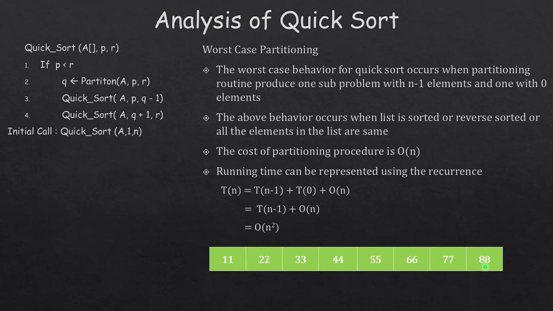I will apply the partition procedure and then what will happen? 88 will stay there, and the remaining elements on the left hand side of 88 will be the same as this. That means the left hand side of 88 will be 11, 22, 33, 44, 55, 66 and 77. What about the right hand side? The right hand side doesn't contain any elements.